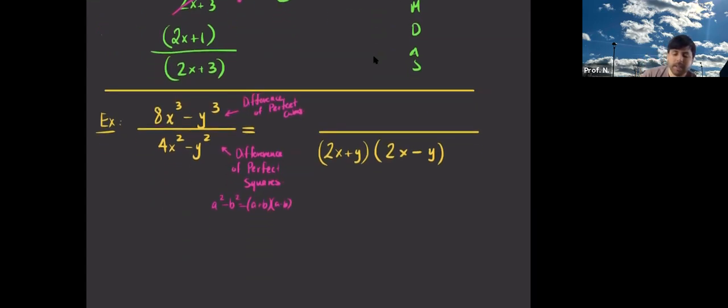Okay, so that's important. And now the next one, the numerator, 8x cubed minus y cubed. First of all, you have to remember the difference of perfect cubes. What does that look like?